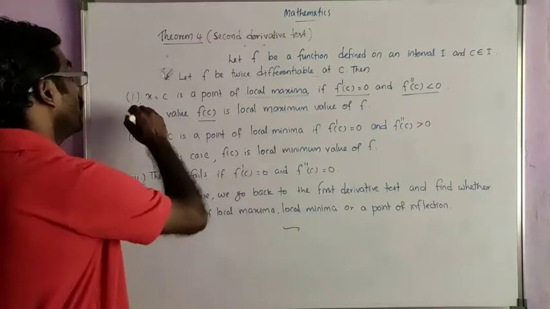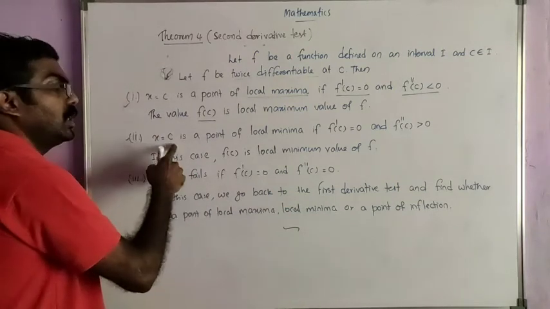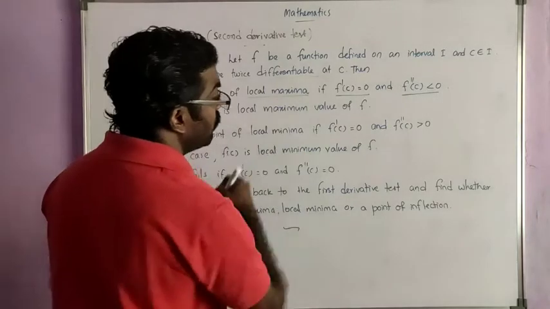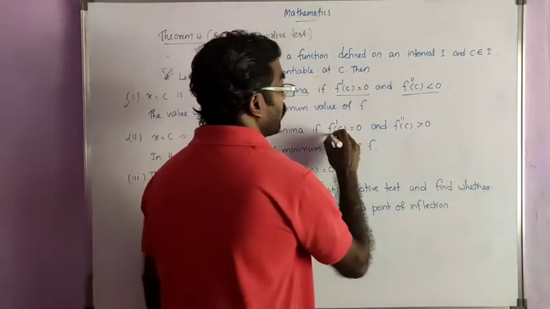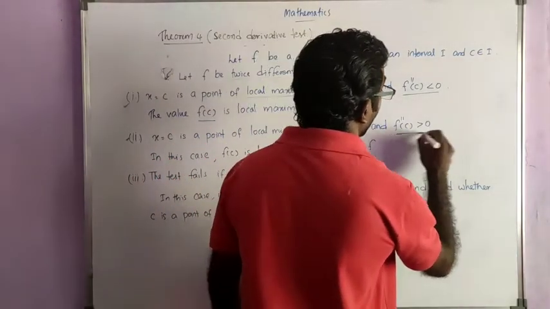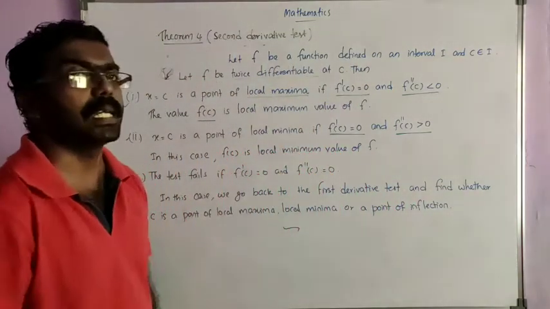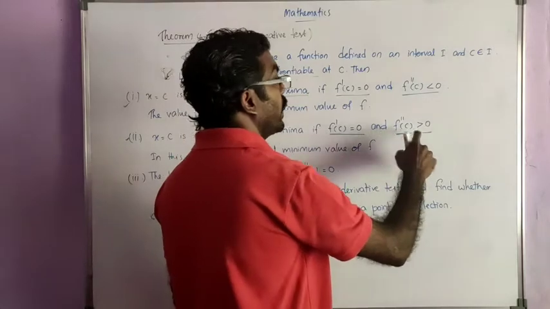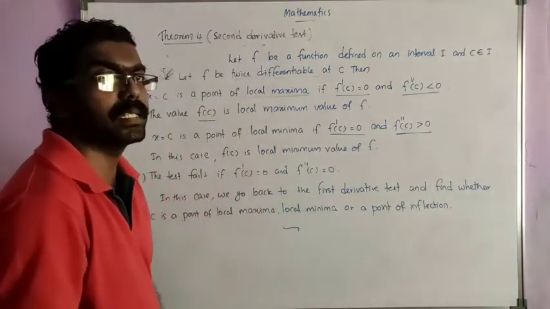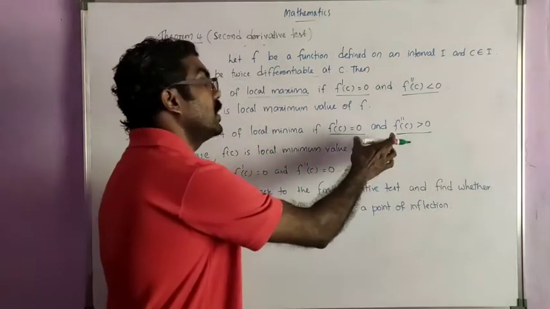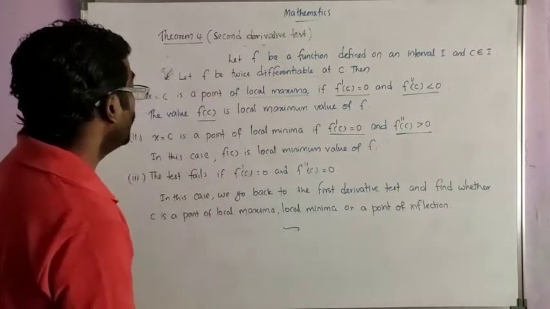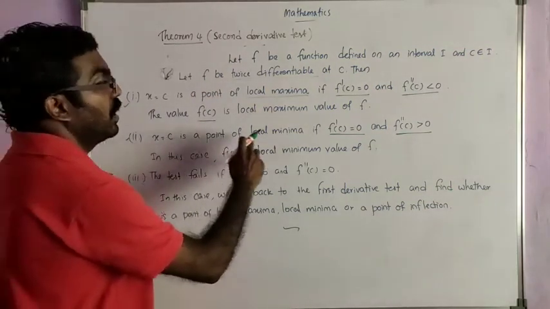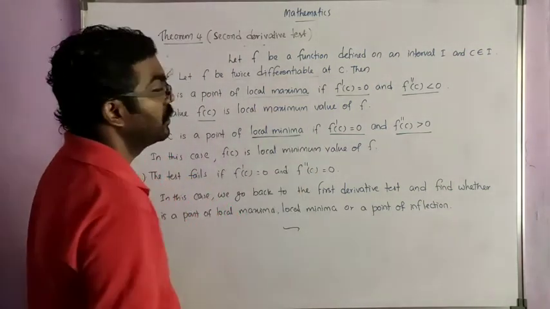And the second one is x equal to c is a point of local minima if f dash of c equal to 0 and f double dash of c is greater than 0. So if these two conditions are satisfied, then we can say c is a point of local minima.